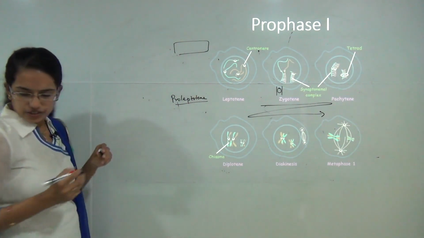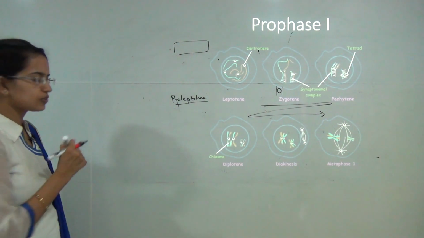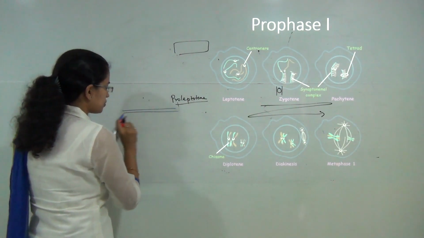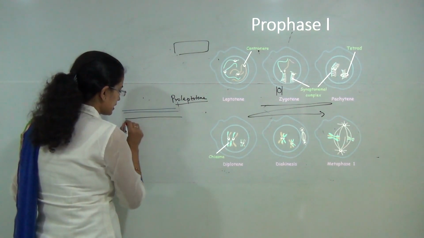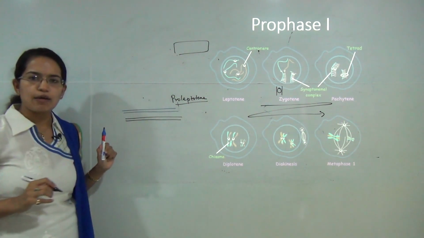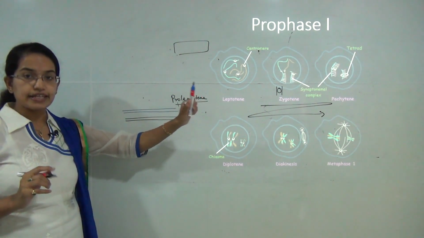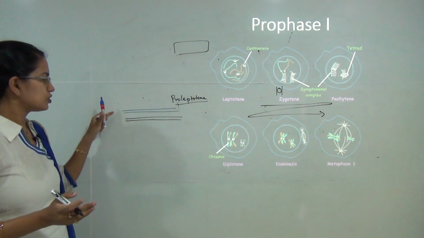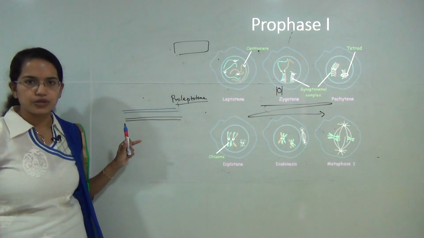Now let's say I have two colors here to help you understand the pachytene stage. That's my first chromosome and that's my second chromosome. What would happen under the stage of pachytene, and how does crossing over take place? That's really interesting to understand. You have the two chromosomes found here.